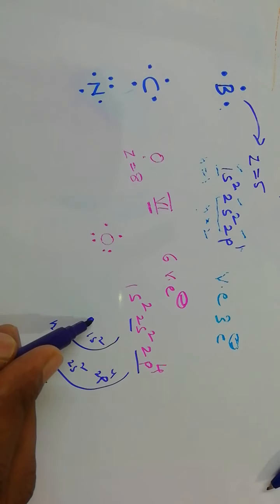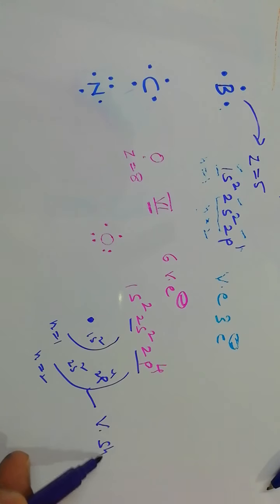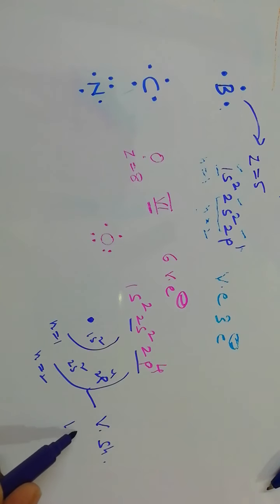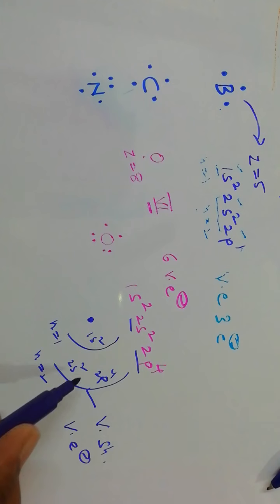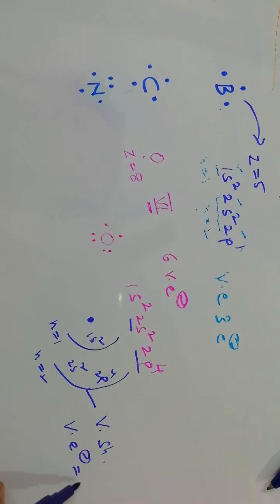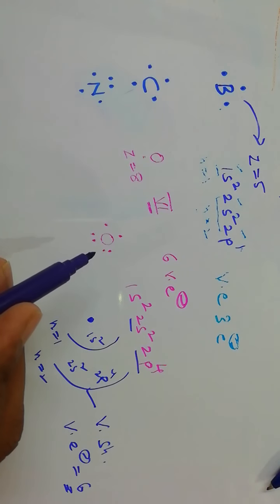From this nucleus, this is the last shell. The last shell is also called the valency shell. The electrons present in this shell are known as valency electrons. How many are there? 2 plus 4, so in total we have 6 valence electrons. These are the electrons we have represented around this oxygen. So how will you select the valence electrons, students?